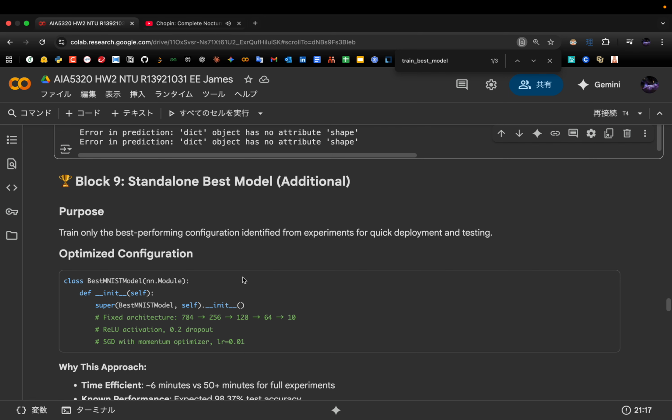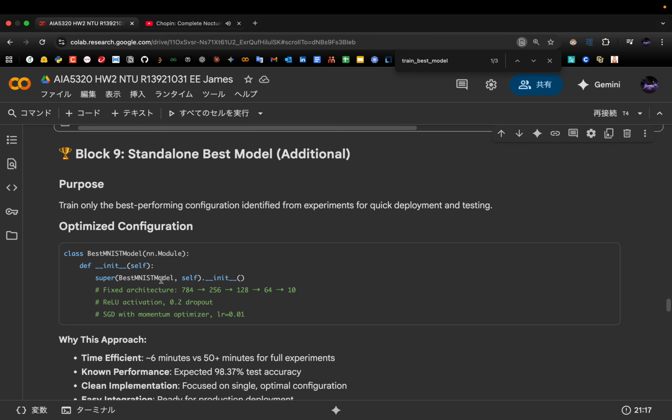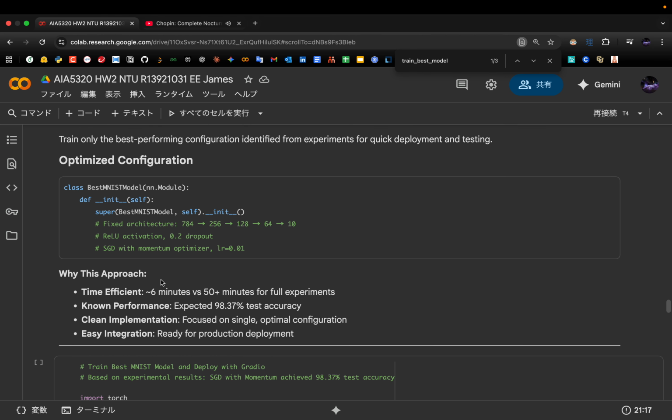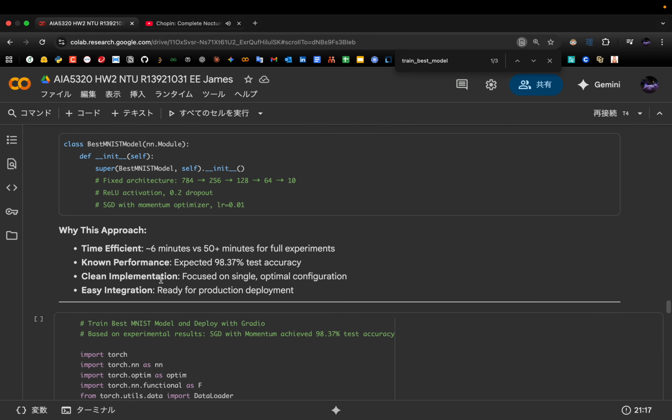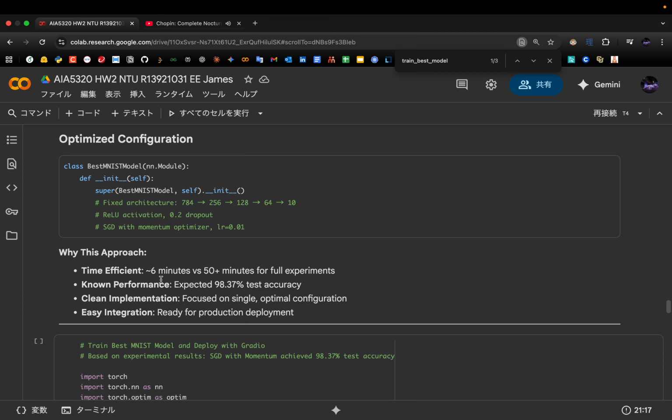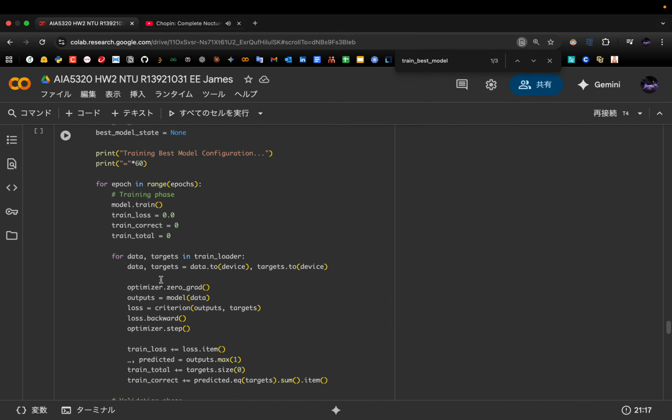And finally, we also show the results using this standalone block to train only the best performance configuration. For quick implementation, I only trained 10 epochs in this visualization.